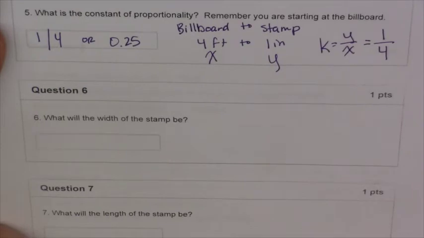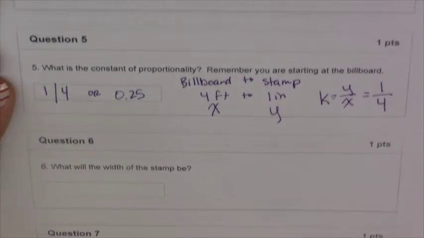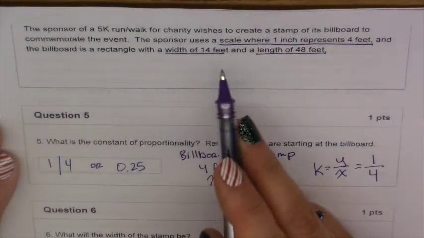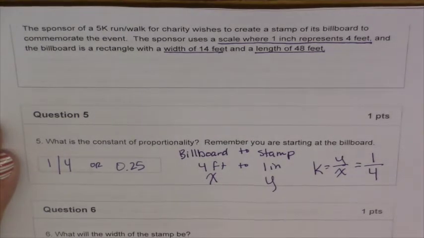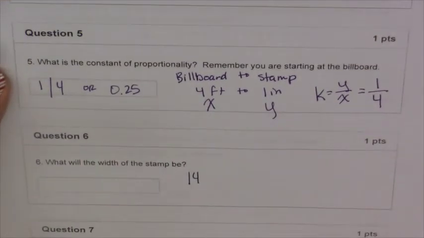Question 6 says, what will the width of the stamp be? If I go back up to my problem, I notice that the width is 14 feet. So I wrote that down in my problem.